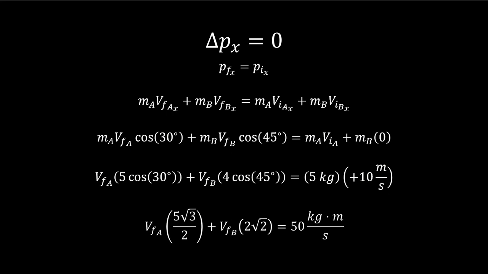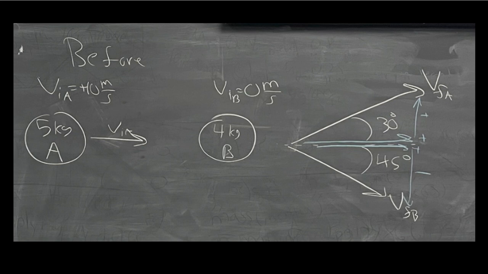Here's the nuance for this particular type of problem. Initially, all of object A's velocity is just in the x direction. Therefore, its initial velocity's x component is that positive 10 meters per second. Object B is at rest, therefore it has 0 velocity in the x direction.